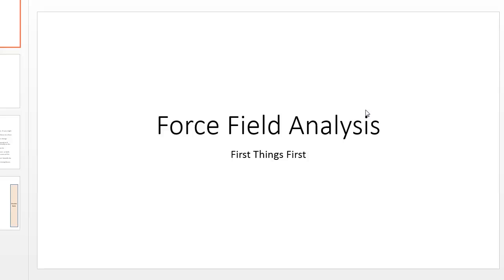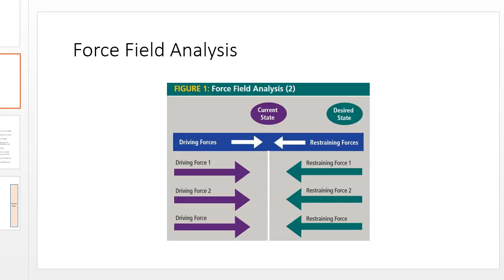I will get my act together, I promise. There it is. Page 316 in the book, the Lewin's force field analysis model. Okay, so let's look at it pictorially, what it is. Okay, and the graph will speak 1,000 words. So this is what we're talking about.